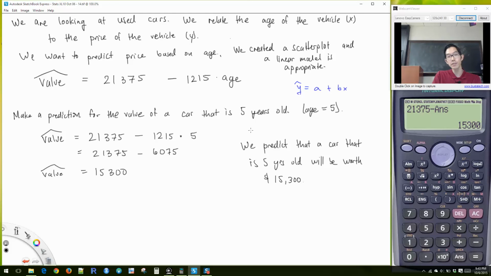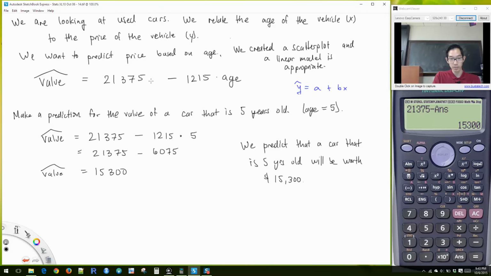You have to think of this as exactly the same thing as plus a negative 1215. When you see a minus 1215, we're essentially doing a plus a negative 1215. That's all that's going on. So that's why our slope is negative 1215.